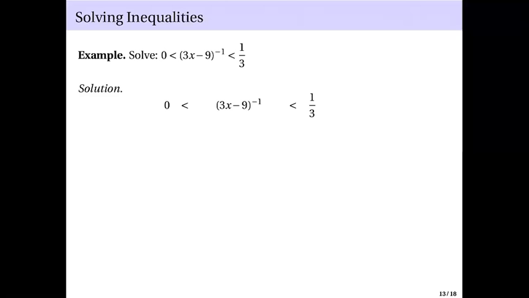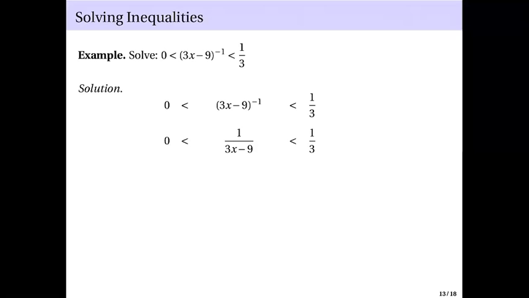This part here is important because we will need to get the reciprocal of (3x minus 9) raised to negative 1. Okay? So in here, (3x minus 9) raised to negative 1 can be written as 1 over 3x minus 9. So we need the reciprocal, 3x minus 9. And we are sure that 1 over 3x minus 9 is a positive number, which means we can multiply both sides of the inequality here.